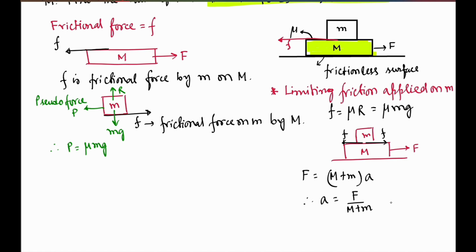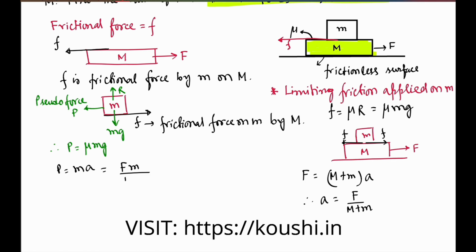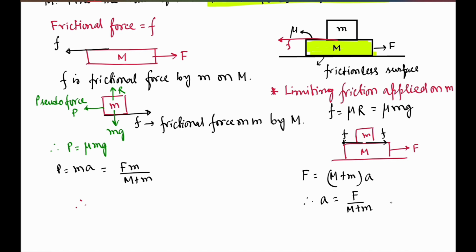So pseudo force, that is P, is equal to m into a, and here we can write F m by M plus m. Therefore, Fm by M plus m is equal to mu mg. Then we can write F is equal to mu into M plus m into g.